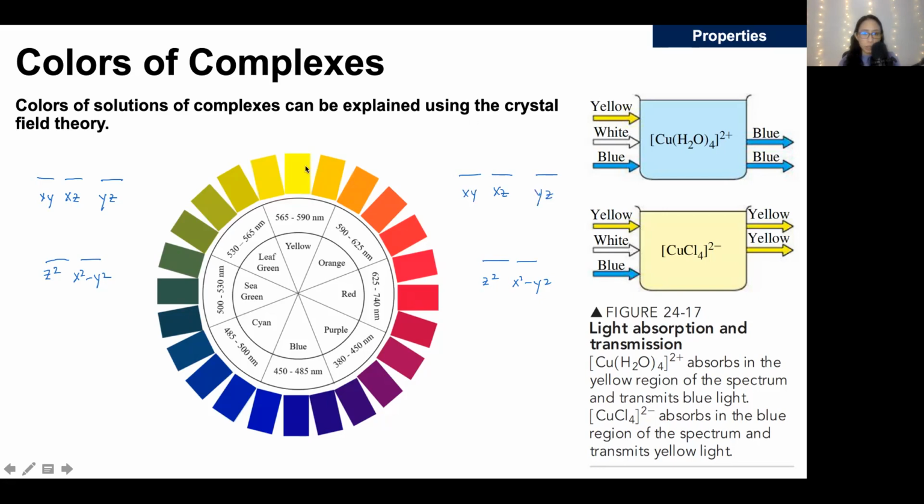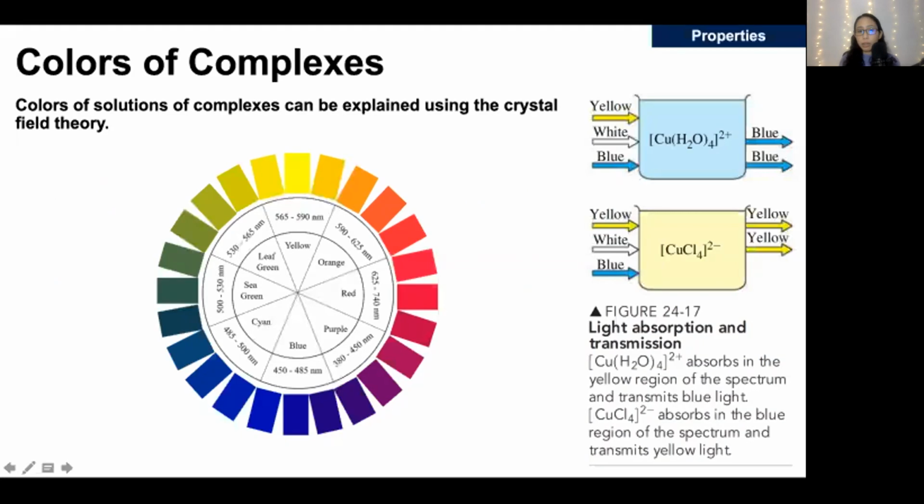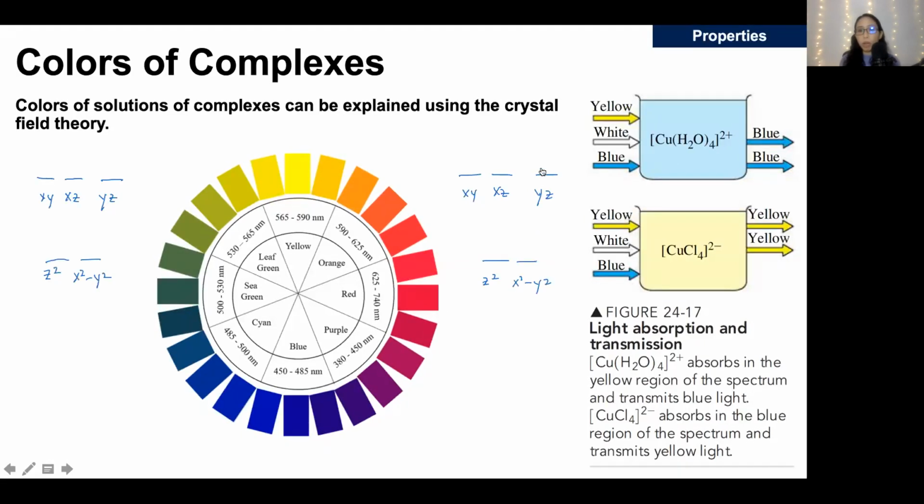energy level sets. Okay, so copper 2, how many electrons are there in copper 2? We have 9. Okay, 9 electrons. But if you recall, class, water and chloride are relatively in the lower or in the weak field end of our spectrochemical series, which means they produce high spin complexes.